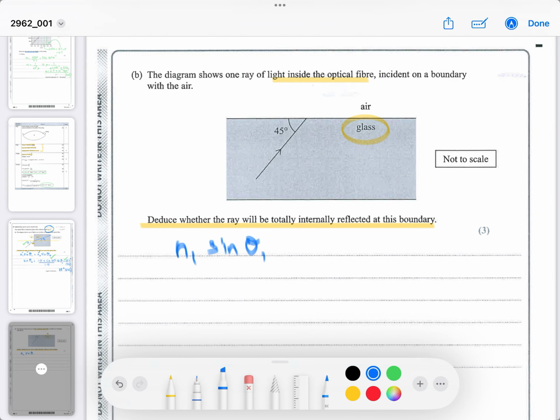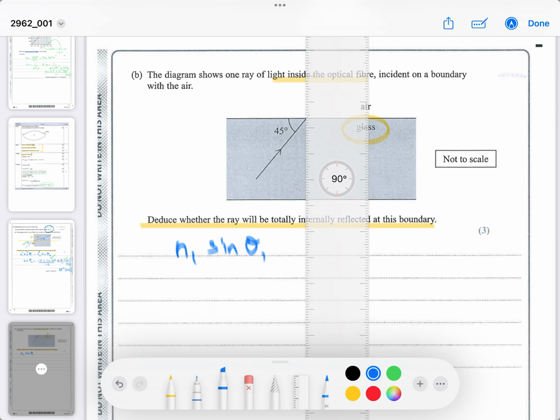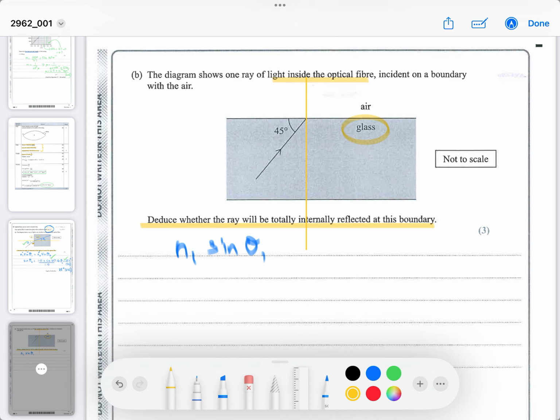Now you will notice that they haven't drawn the normal again. So when you're drawing the normal, this time you want to draw the normal here. I've drawn it in yellow just because it's fainter.